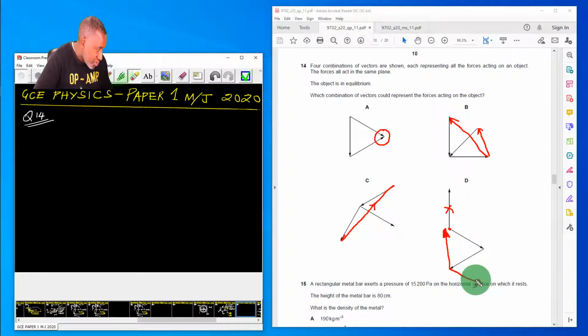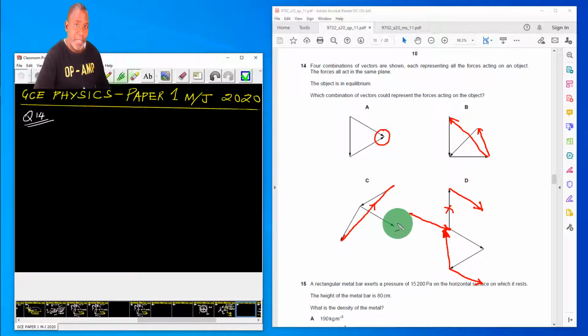This one could be connected here, and it would still be correctly connected. Or the same force could still be connected here. See, this force can be connected in so many ways. It could even be connected here. Just push it back.